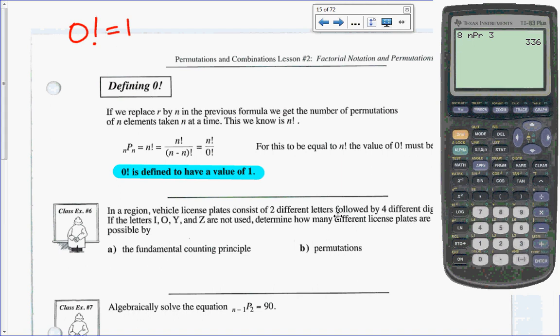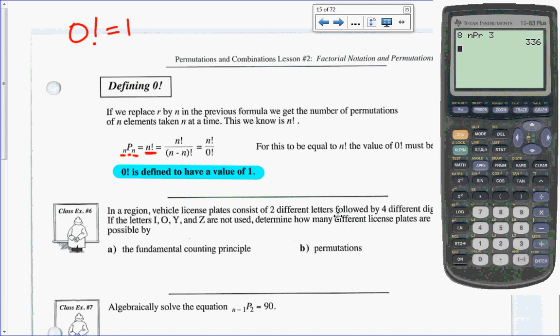Okay, so you can't take the factorial of a negative number, but you can take the factorial of 0, and it is 1. And the reason for that is, if you took that equation that we just were working with, what that's saying is, if I'm arranging a permutation, an arrangement of a certain number of elements, and I'm using all of those elements, that is, to arrange them, it's that number of elements factorial. Okay?